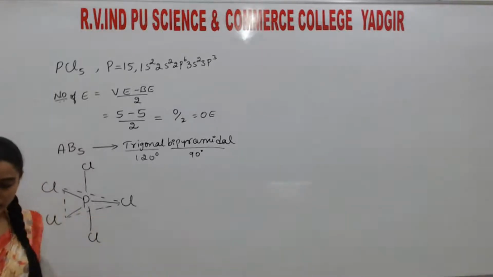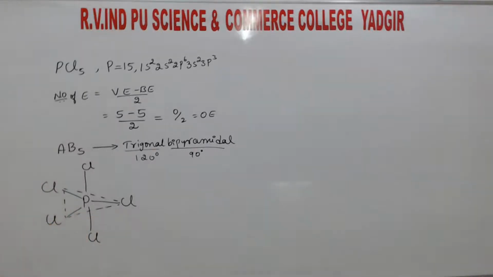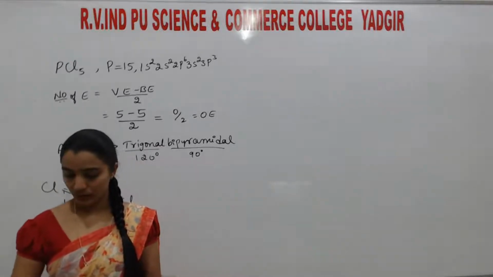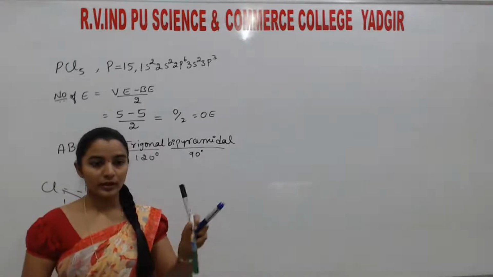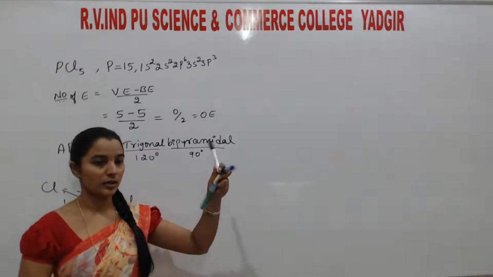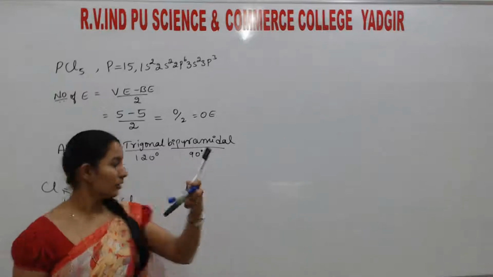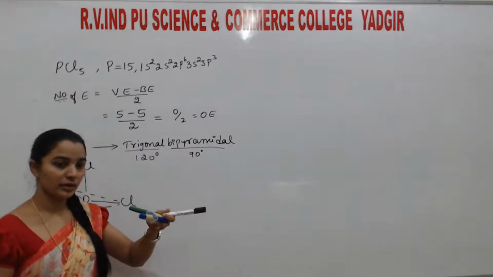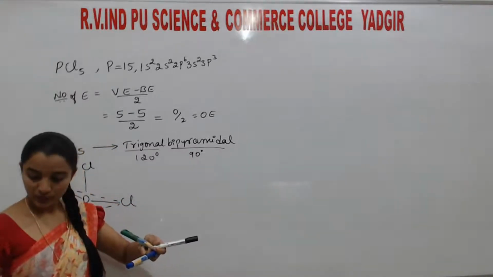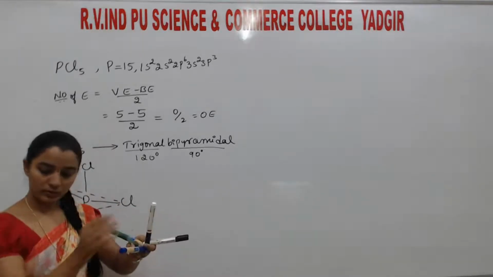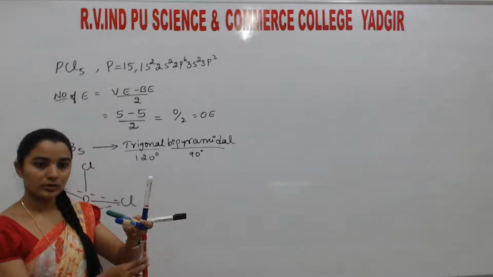How this actually looks, I will show you. This is the triangular structure. I hope you can see a triangle exactly, like this, in the plane. One atom is above this and one is below this.